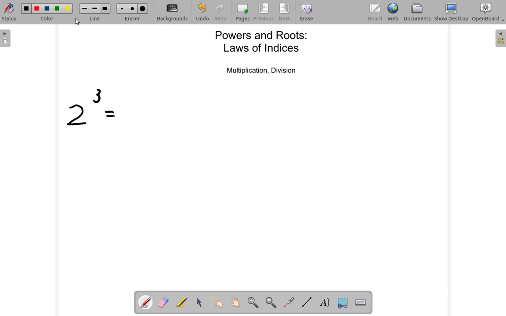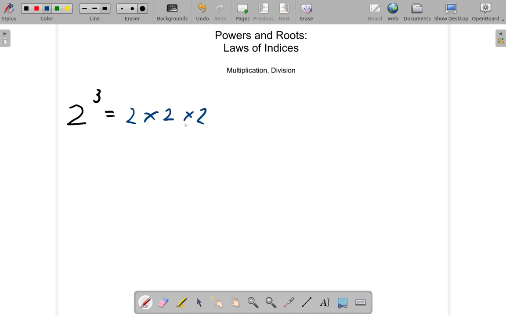What does that give you? You have 2 multiplied. How many 2's are you going to have? There will be 3 2's because the index is 3. 3 2's multiplied.